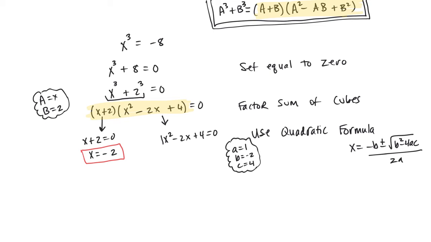All right, so this is going to be solved using quadratic formula. So negative b, the opposite of negative 2 is 2, plus or minus square root of b squared. Negative 2 squared is 4, minus 4 times a, which is 1, times c, which is 4.